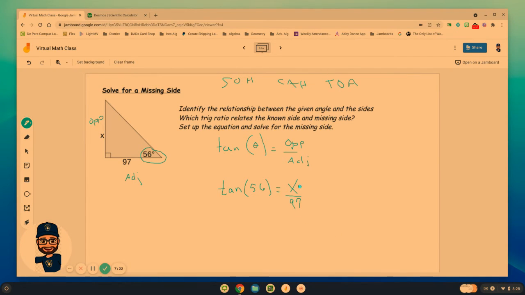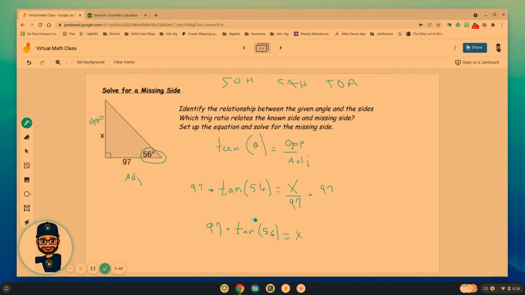If I want X by itself, what is the opposite of dividing by 97? It is to multiply by 97. And so we can say that X equals 97 times the tangent of 56.